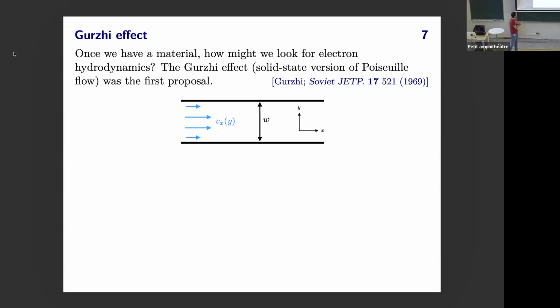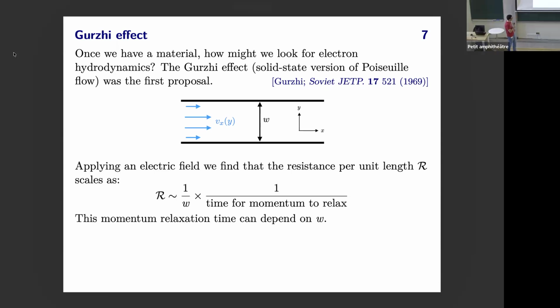This is analogous to Ohm's law, except I would replace pressure gradient with voltage and mass flow with current. One can translate from what's called Poiseuille flow in fluid mechanics to what we now call Gurzhi flow in a solid state system, and predict the resistance per unit length of this device, which is the most natural way to report things.